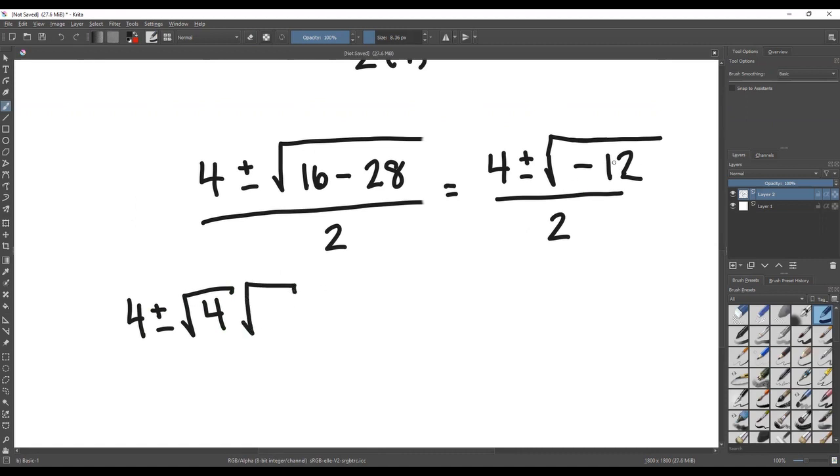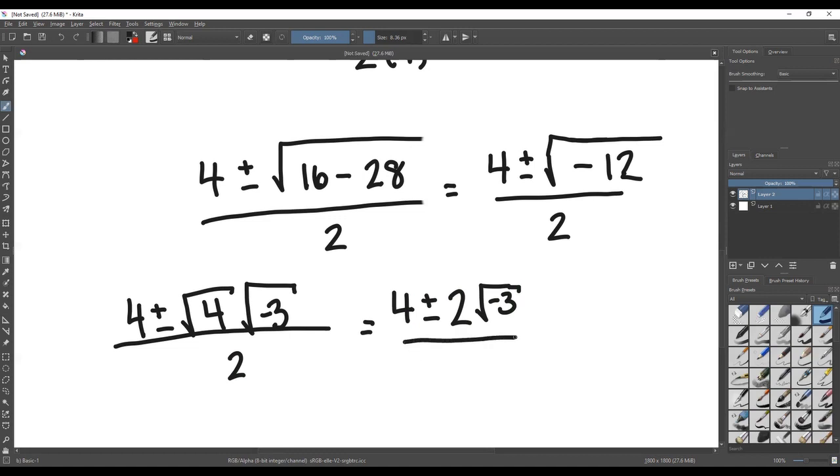And in order to get negative 12, negative 3 times 4 is negative 12. That's all over 2. What is the square root of 4? That's 2. So we can rewrite this equation as 4 plus or minus 2 square root of negative 3 all over 2.